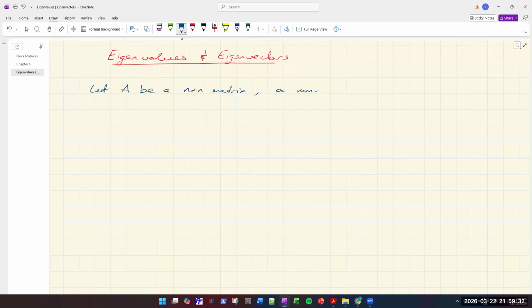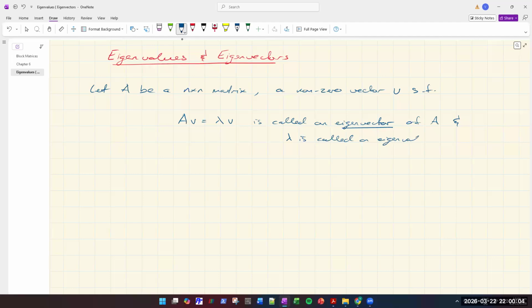A non-zero vector V such that A V equals lambda V is called an eigenvector of A, and lambda is called an eigenvalue of A. So the first thing to note is that the eigenvector has to be non-zero.